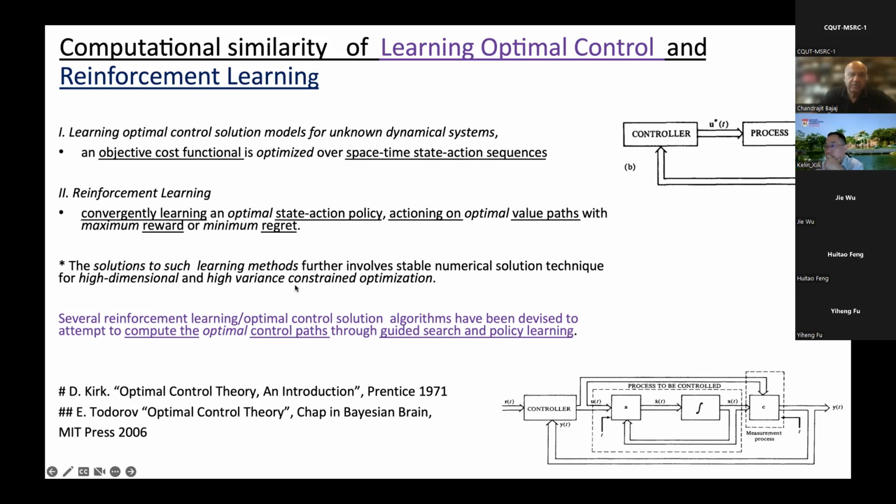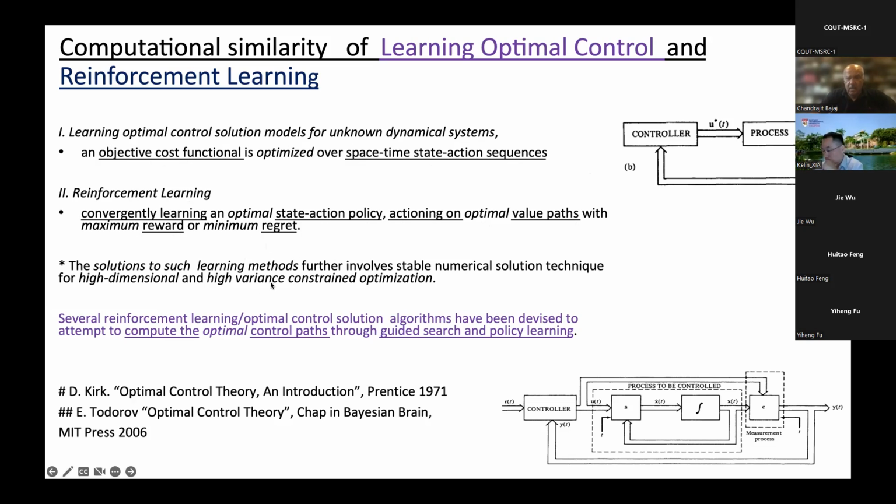Now, learning optimal control solutions: this objective cost functional is optimized over space-time state action sequences with the environment. Reinforcement learning is similar. You're convergently learning an optimal state action policy, acting on optimal value paths with maximum reward or minimum regret, right? So it's either a maximization problem or minimizing the regret function.